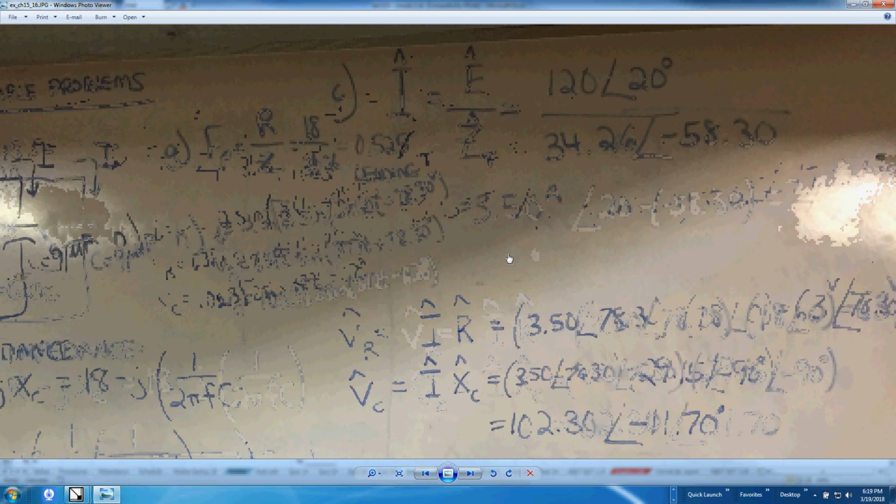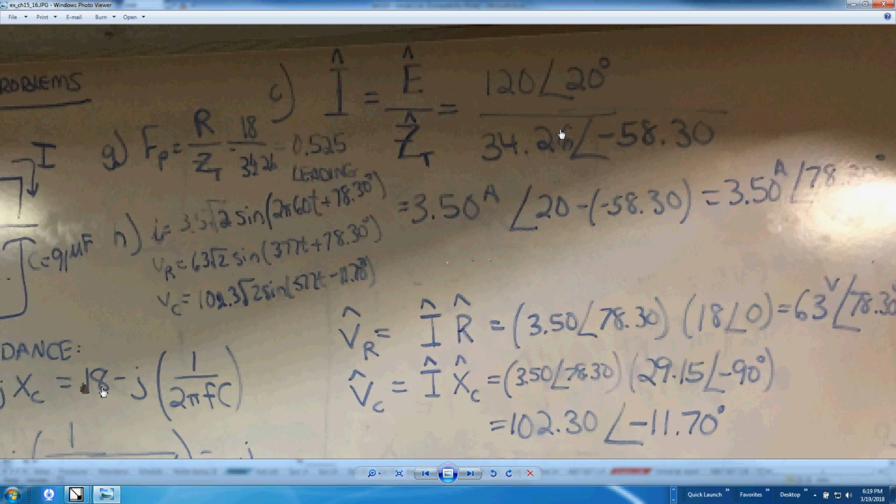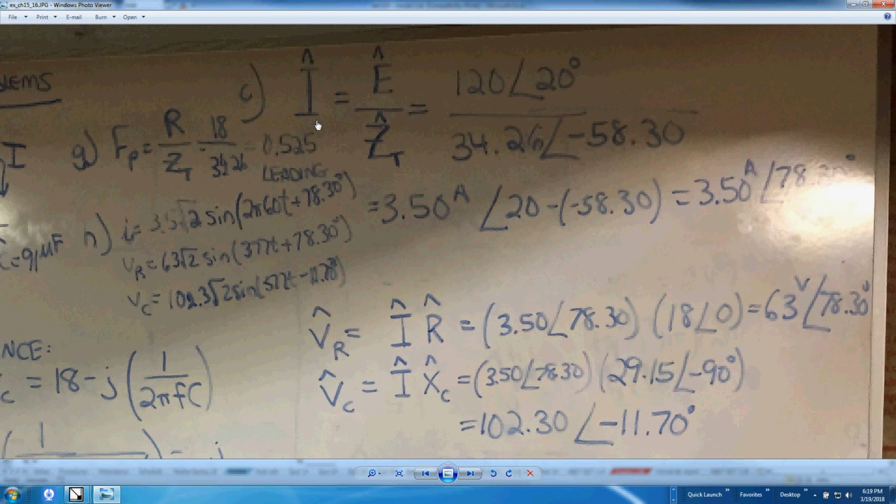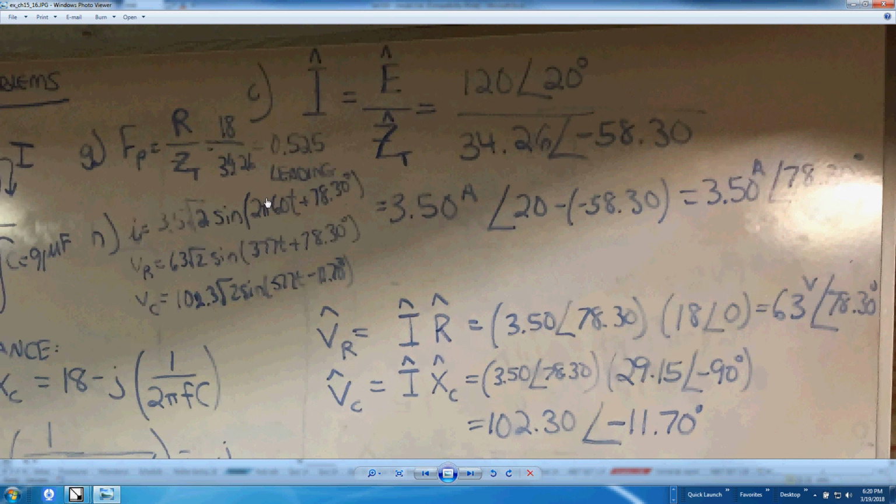The other way that you know it's leading is that the phase angle of I is 78.30 and E is only 20. So I is greater than 20, which means the current leads the voltage. So that's why I put leading here.